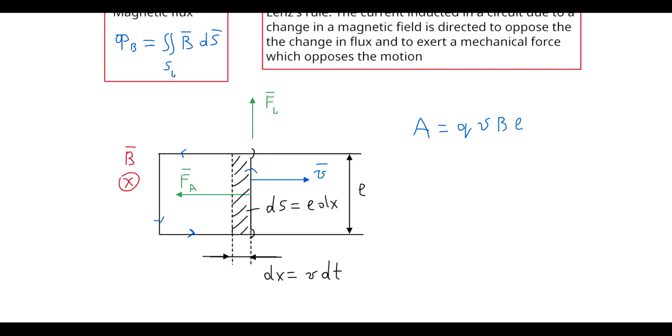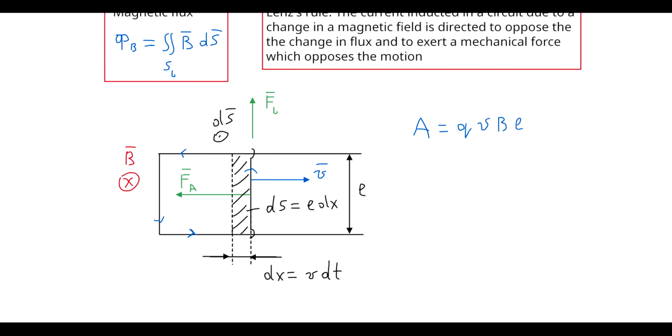So vector dS is directed from the screen to us.